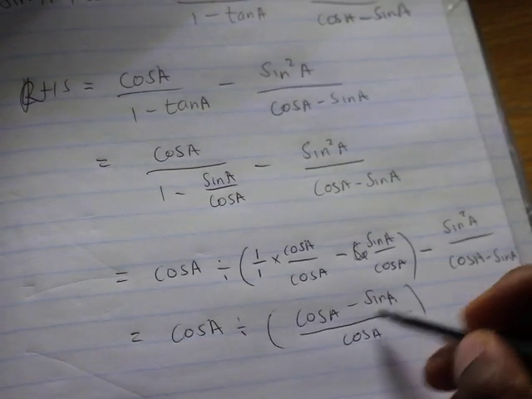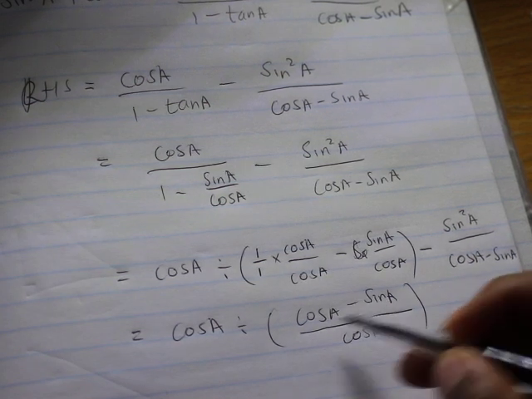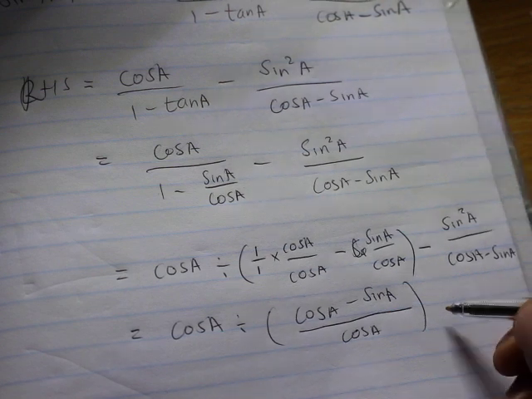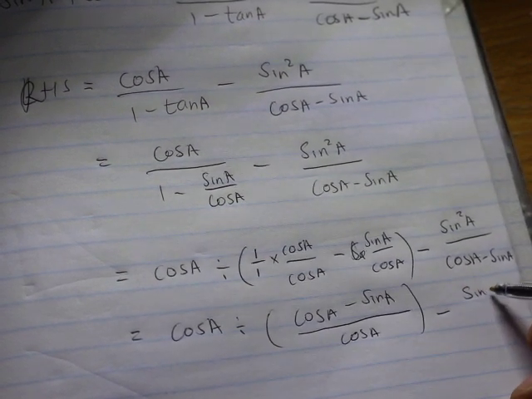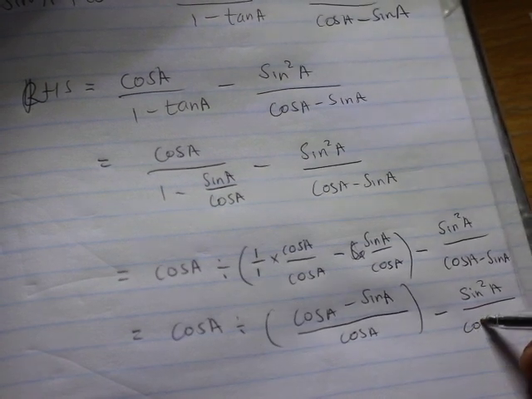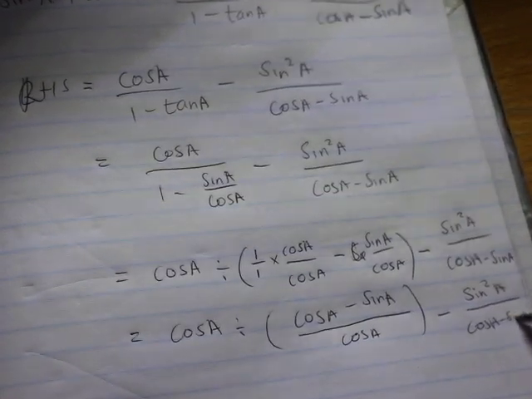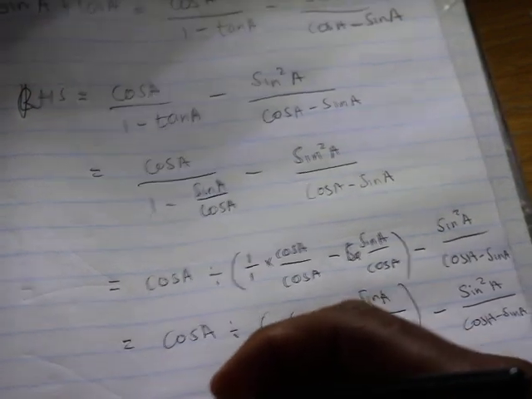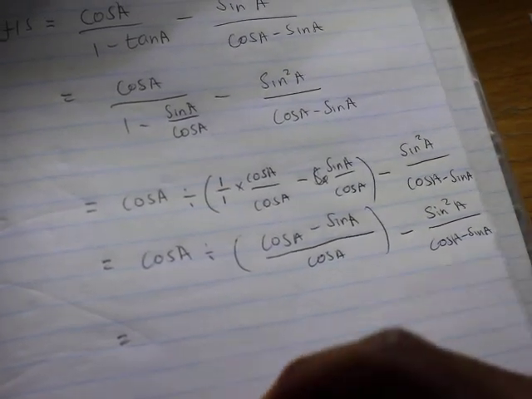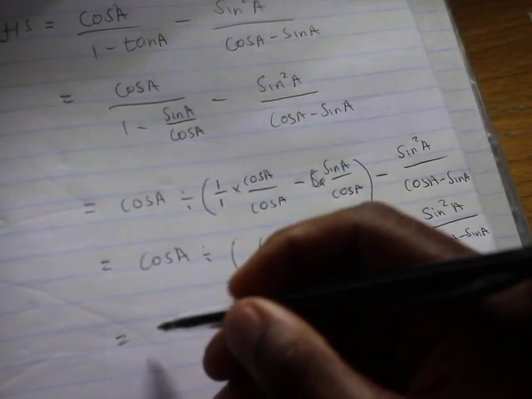And now we're getting something that looks like that. Once you start seeing common expressions, that means we're probably headed in the right direction. Okay, so now look, we are going to turn this into multiplication.